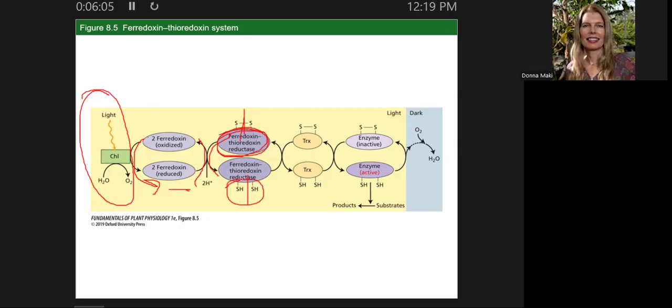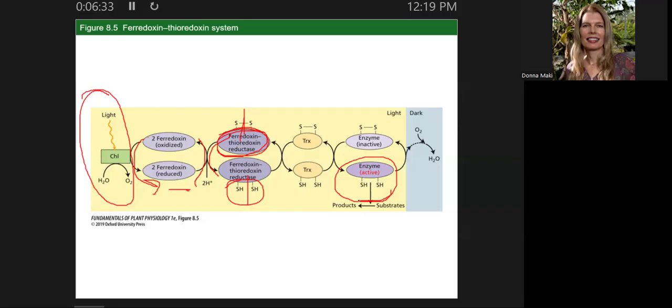And then it goes on, a little short transfer of electrons, until finally you get the fully activated form of the enzyme. So basically, they're saying that it's light activated because you have to have ferredoxin kicking this off, and ferredoxin doesn't get an electron unless you have the light reactions going. So that's their logic.